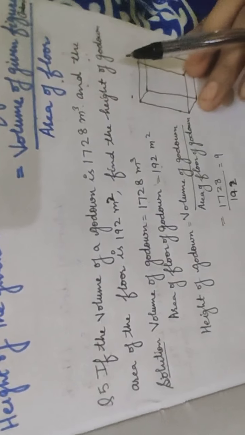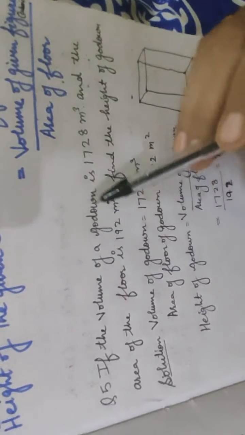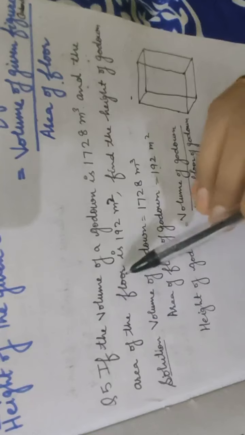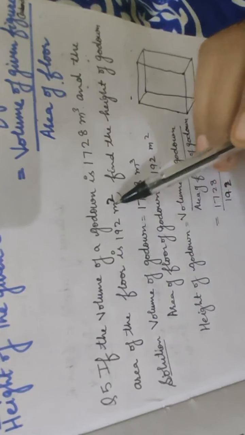So let's start with the fifth question. What is given in the fifth question? If the volume of a godown is 1728 meter cube and the area of the floor is 192 meter square, find the height of the godown.